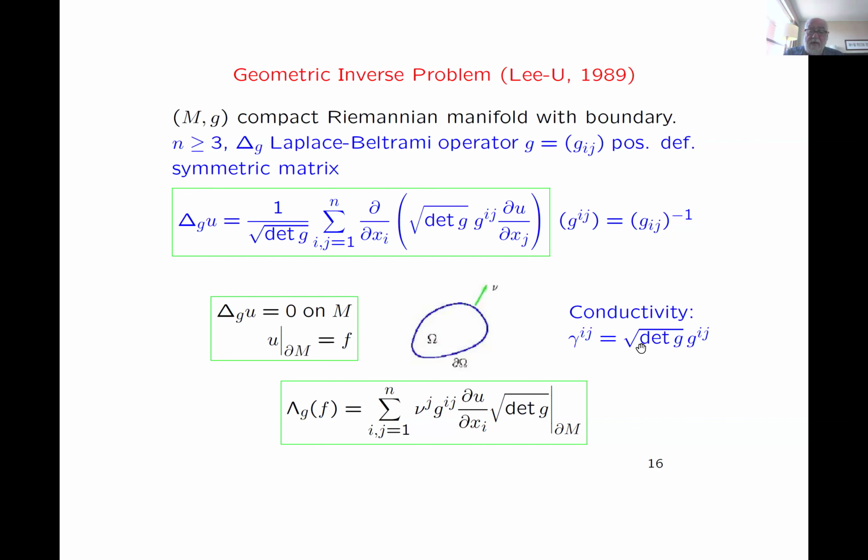The connection with the conductivity is that gamma is the square root of the determinant of g times the inverse, where g upper ij is the inverse of the matrix g. And in coordinates, the Dirichlet-Neumann map is given by this formula, because we have the square root of the determinant also here. In geometric terms, this is called the conormal derivative with respect to the metric.